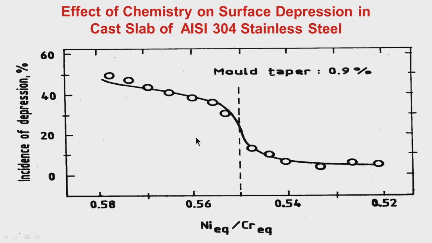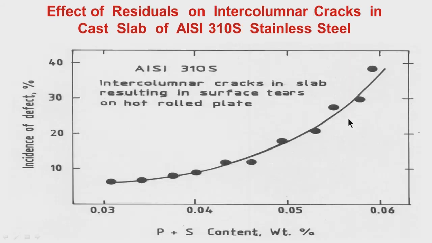So by minor adjustment of chemistry, within the range of specification of AISI 304, it is possible to control the incidence of depression to a large extent, keeping the casting parameters like mold taper more or less similar.